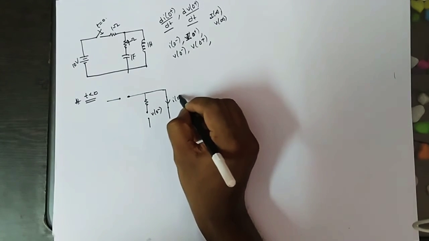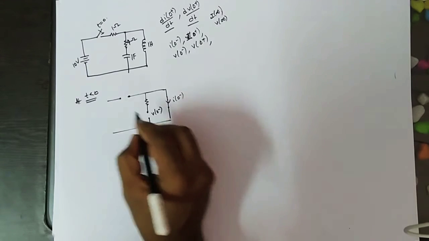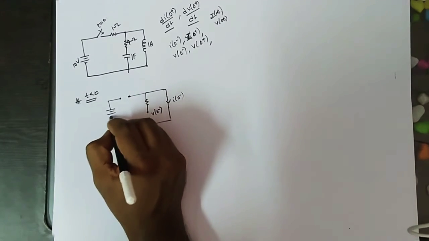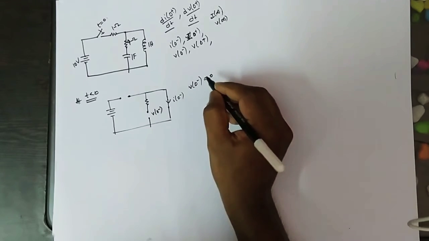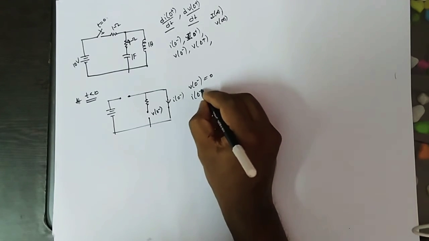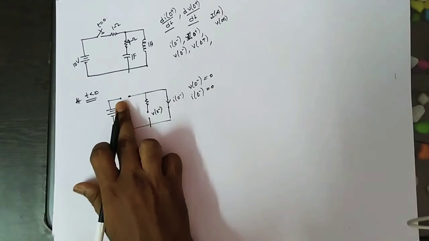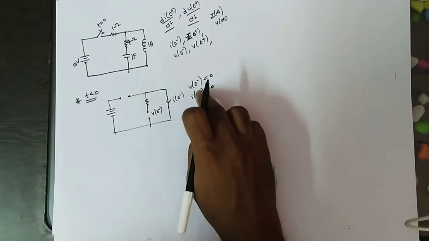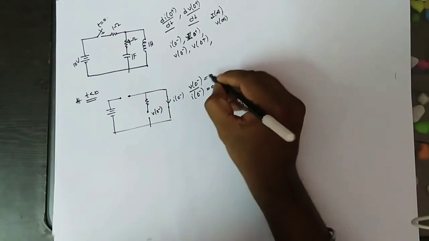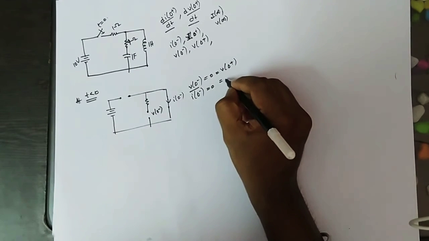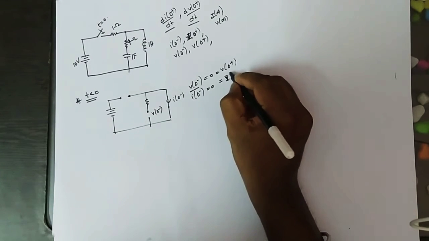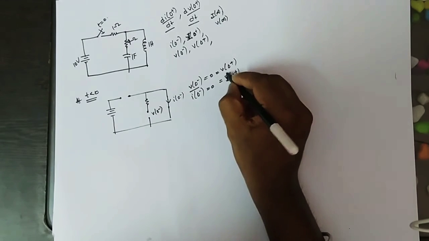Since the source is not acting, v of 0 minus equals 0 and I of 0 minus equals 0. Since this is 0, automatically v of 0 plus is also 0 and I of 0 plus is also 0.